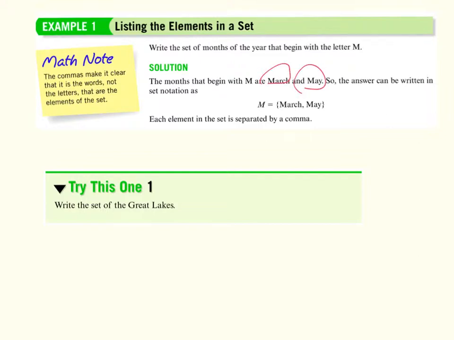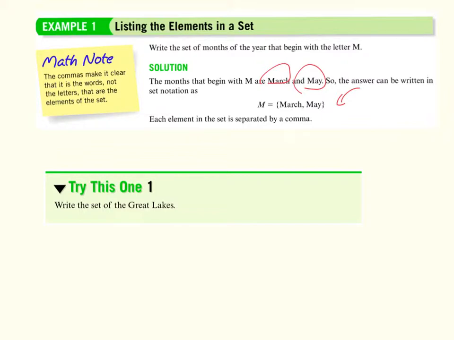So the answer can be written like this: M equals braces, March, comma, May. That way you know in that set there are only 2 months, and these 2 months start with M.